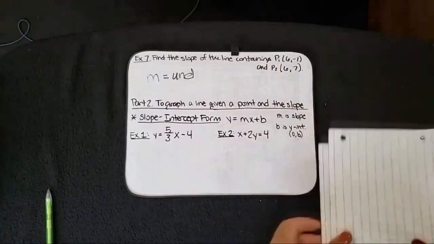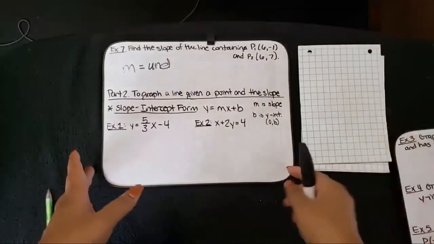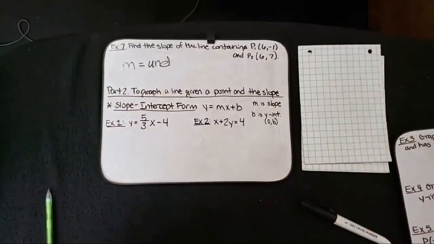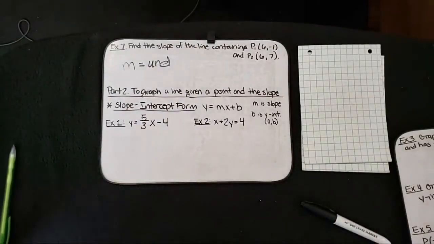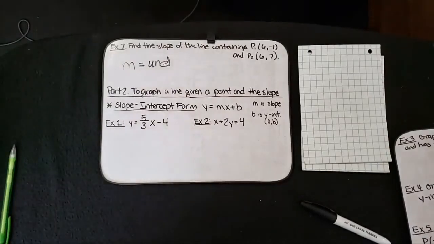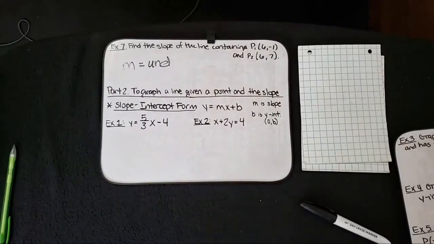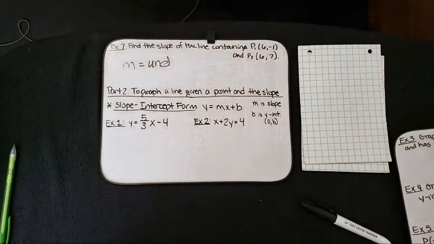So for this first one, first things first. You guys already know what slope-intercept form is. Some of you guys saw it and noticed it yesterday in class, so that's awesome. So slope-intercept form is y equals mx plus b, all right? M being the slope, b being the y-intercept.